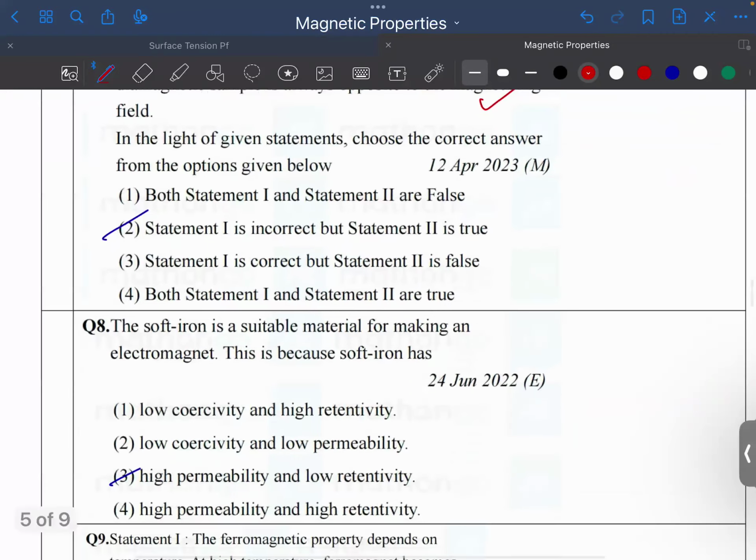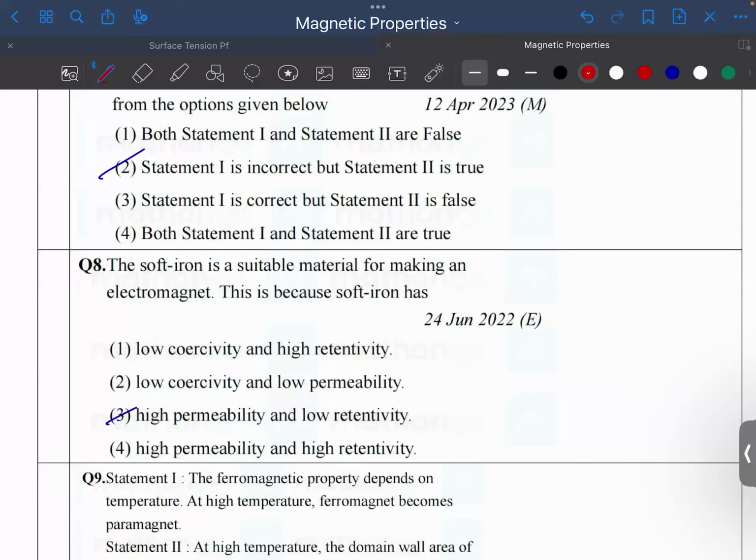Soft iron is a suitable material for making an electromagnet. Don't get confused. This was asked in 2022. That time it was in the syllabus. Right. What is the significance of soft iron? Low coercivity, low retentivity.